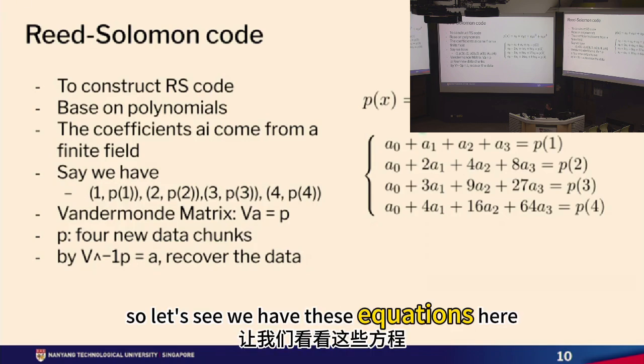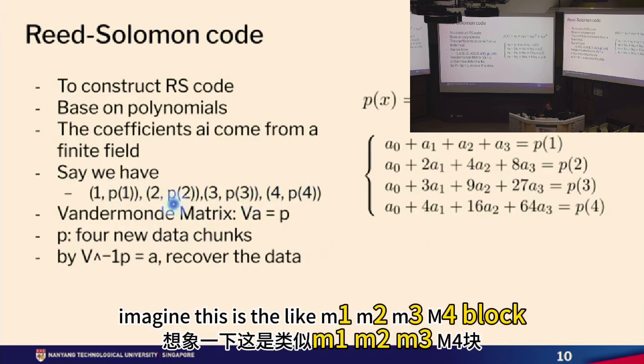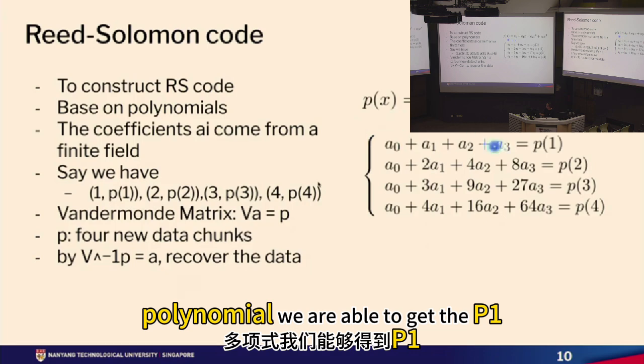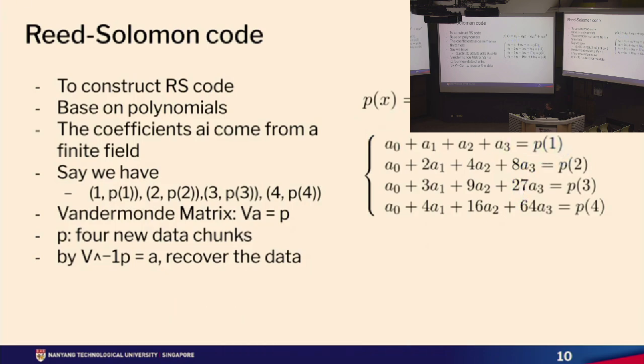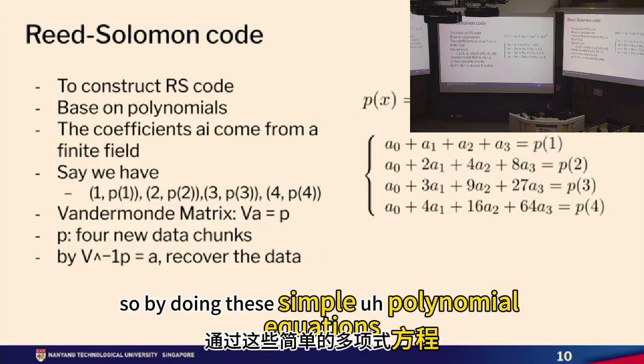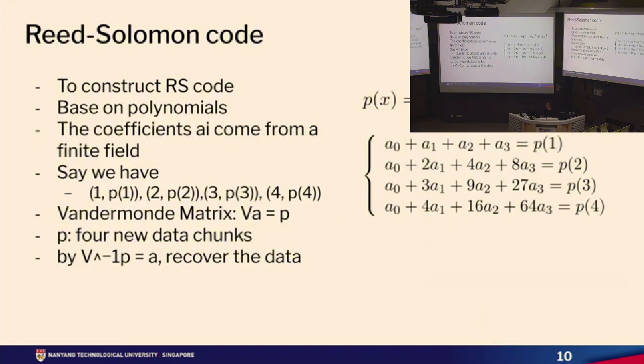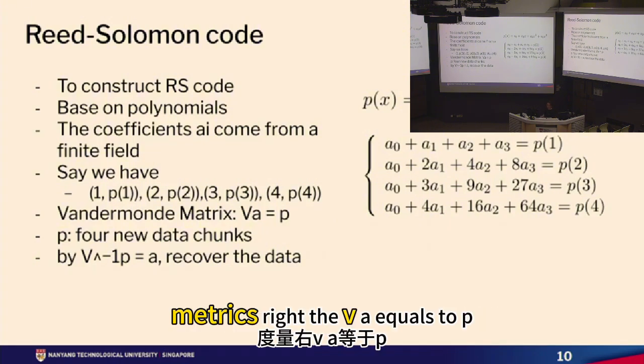Imagine these are the M1, M2, M3, M4 blocks. By using this polynomial, we are able to get P1. By doing these simple polynomial equations, we get the so-called Vandermonde matrix, where A equals P.